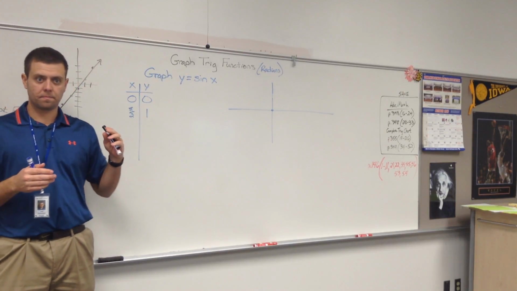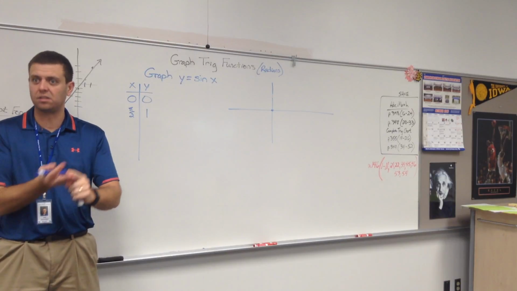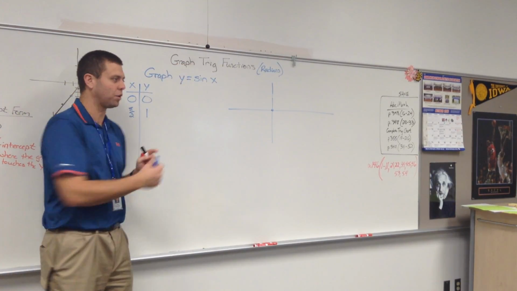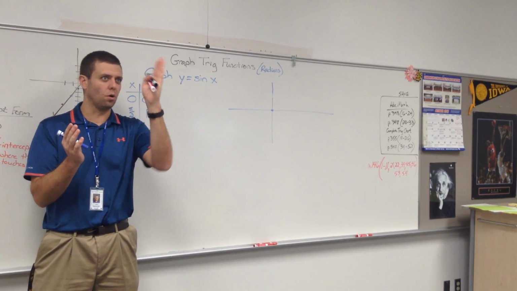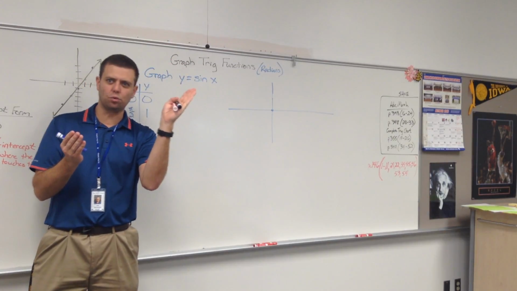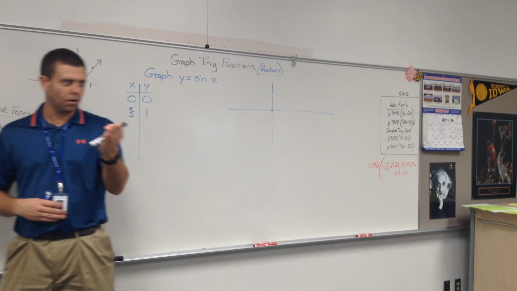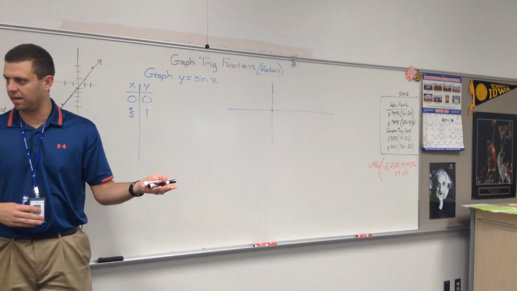Sine of 30 was 1/2, sine of 45 was 0.7, sine of 60 was 0.86, slowly getting bigger and bigger, and now it got to a value of 1. Let's go past 90, to 120. What's the sine of 120? Root 3 over 2, so it's back to 0.86. So it's headed back down now, right?